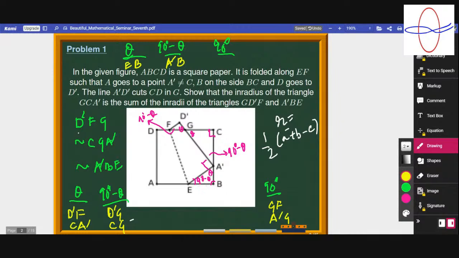And for 90-degree it's A'E. Now also A'E equals AE, okay? So you can write it as AE. And here D'F equals DF. So you can write it as DF over here also.